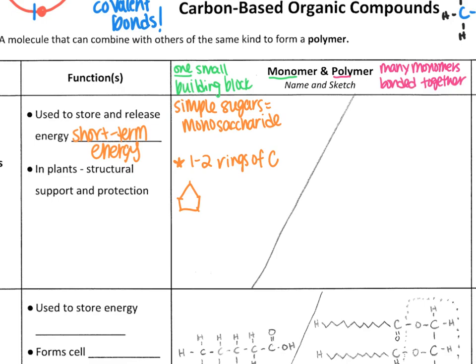And if we were to talk about a disaccharide, so this is the mono, and a di means two, and if we were to have two of them, it could perhaps be two hexagons bonded together. Do your best with these shapes. They don't need to be perfect so long as you can tell that they're basically rings of carbon. So again, each of these intersections would be a carbon with hydrogens just like branching off of it.